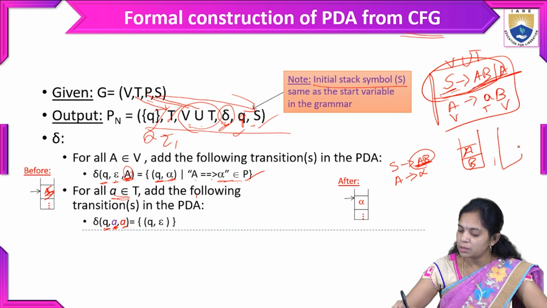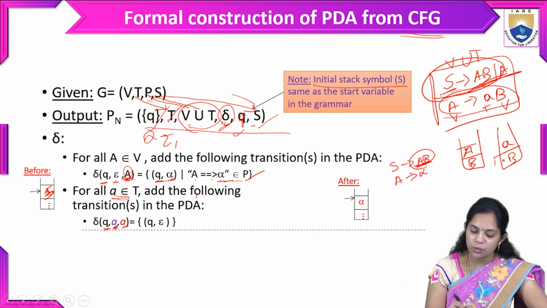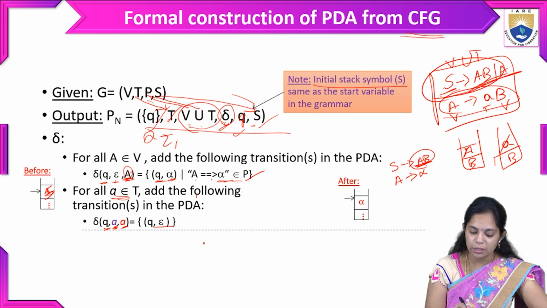Suppose the top of the stack symbol is A here, and for this production we have to replace A with AB. Whenever this kind of terminal A appears, if it is matching the input symbol, we have to pop the A. What is the pop operation? Q comma epsilon. This is the situation whenever the terminal appears.